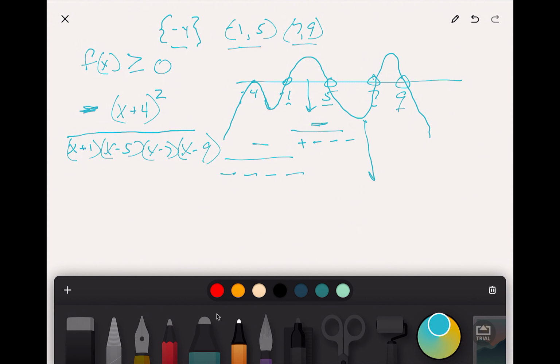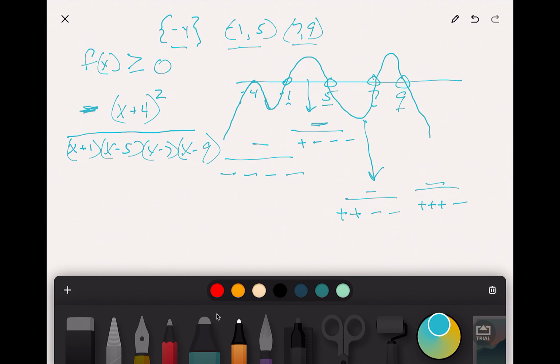Then for the interval between 5 and 7, what happens? The numerator is negative. The first 2 factors in the denominator are positive, but the next 2 are negative. And so overall we have an odd number of negatives, and the function is negative, just like we want. Between 7 and 9, the sign chart looks like this: plus, plus, plus, and then the last factor in the denominator is negative.